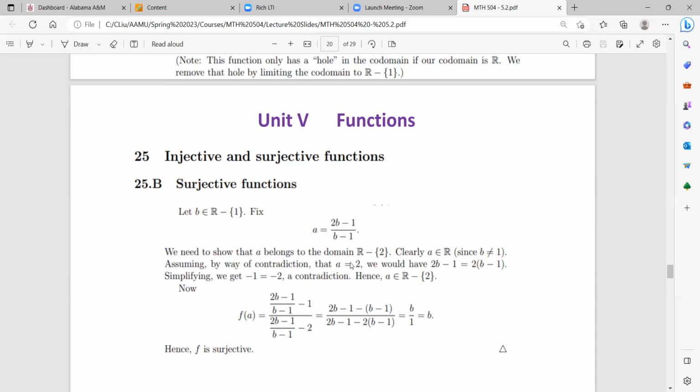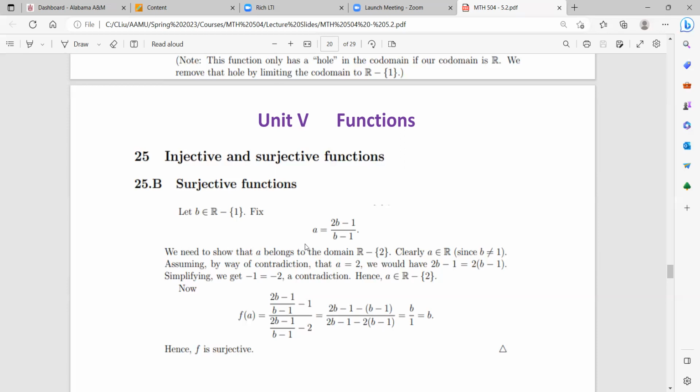Okay. And distribute 2 on the right side, you got 2b minus 2, and you cancel 2b on both sides, you get -1 equal to -2. So that's a contradiction that cannot happen. So that means a cannot be equal to 2. Okay. So in other words, for any number B in the codomain, we will not end up with A equal to 2.